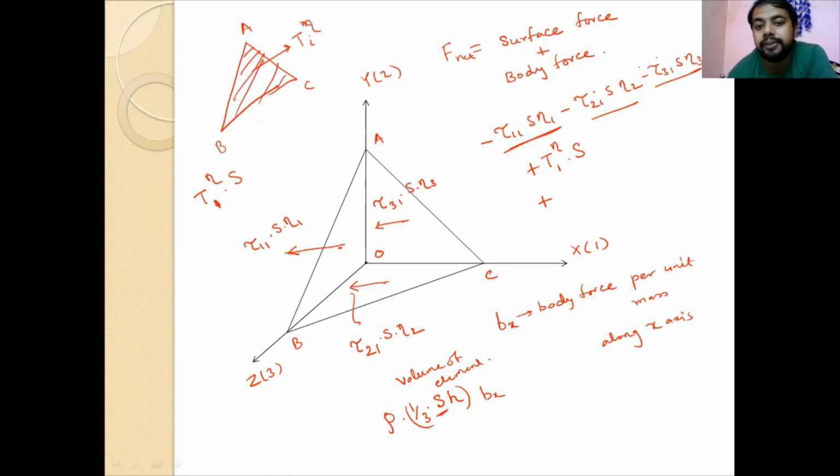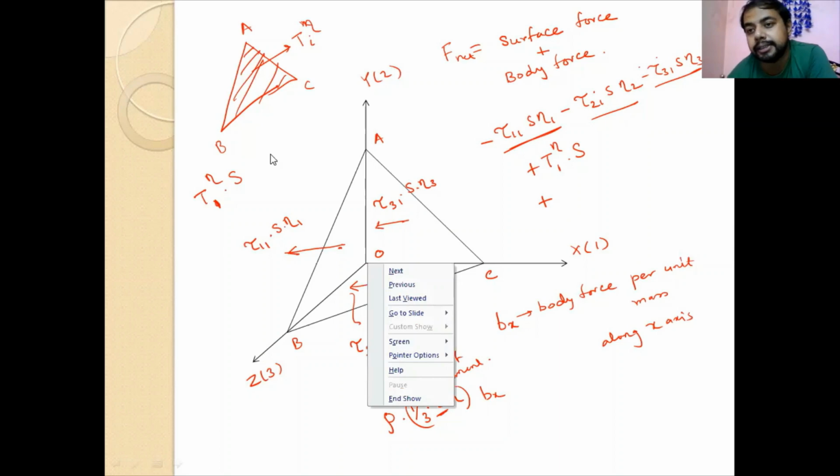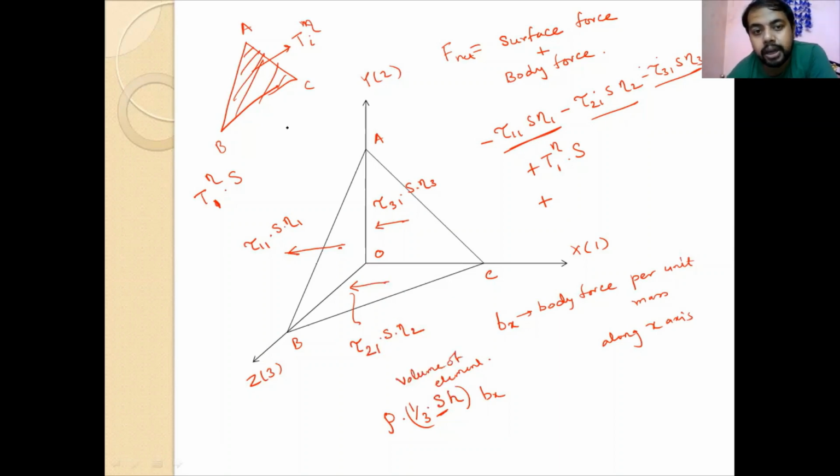From the origin, if you draw a normal to this ABC surface, this is known as H. So that is the mass into body force. So here you are writing it as one-third rho S H.